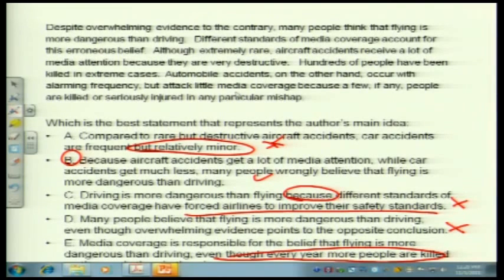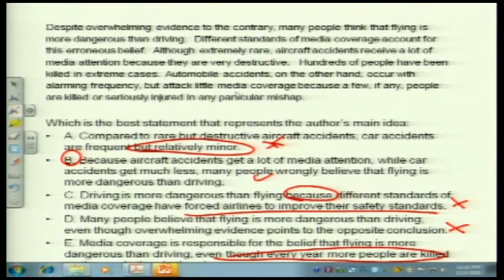Really? How is it opposite? Let's see. Many people believe that flying is more dangerous than driving, even though overwhelming evidence points to the opposite conclusion. Right. Is there any conclusion drawn in that passage?